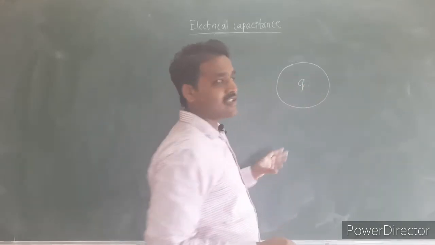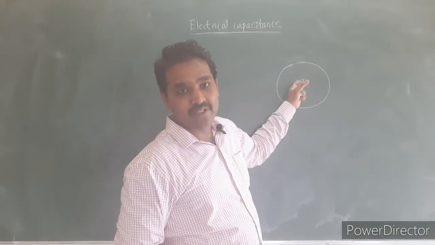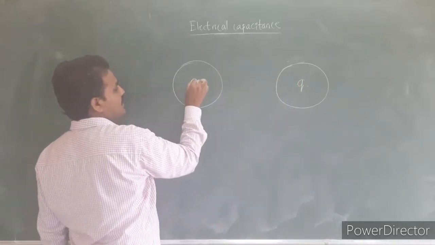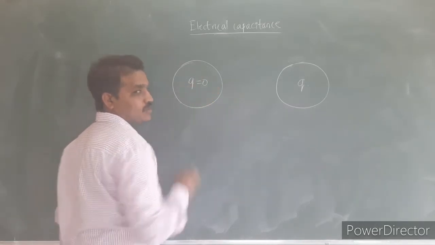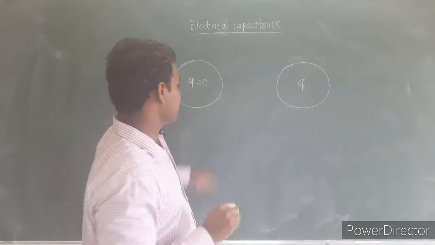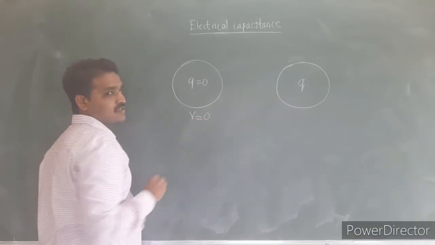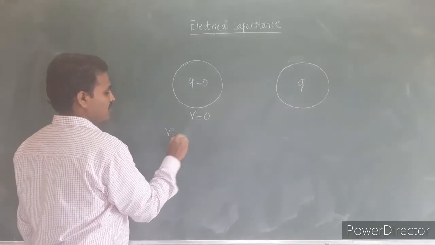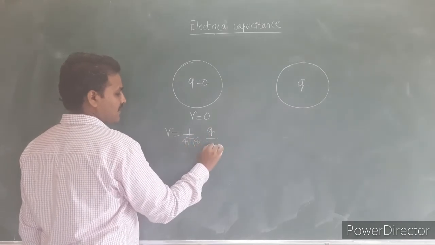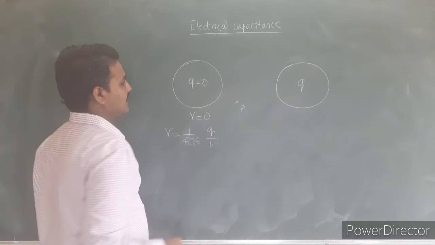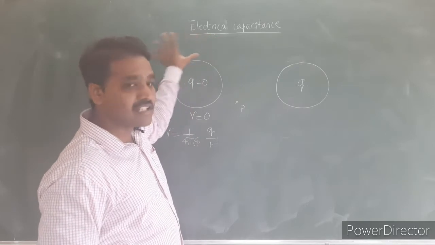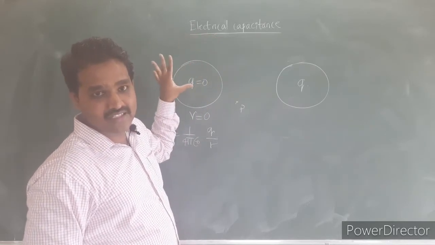The maximum charge that can be stored by the conductor, let it be equal to Q. When the charge of the conductor is equal to 0, that is, when this conductor does not have any excess charge, in that condition we know the electric potential is also equal to 0, because we have the formula for electric potential: V is equal to 1 by 4 pi epsilon naught Q divided by R. At any point P here, the electric potential because of this source charge, that is the conductor, will be equal to 0, because it does not have any extra charge. The net charge of the conductor is equal to 0.